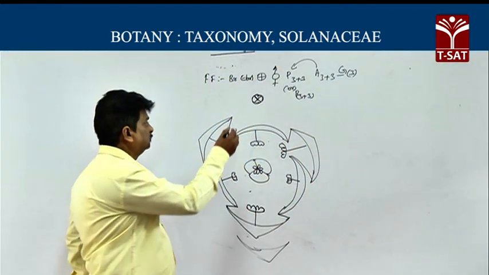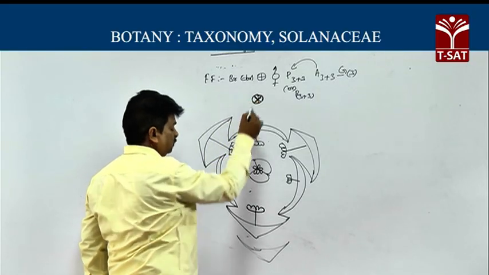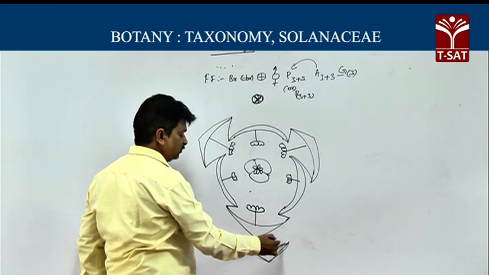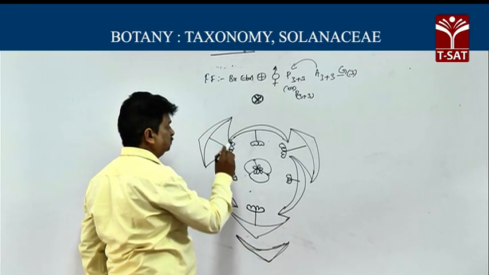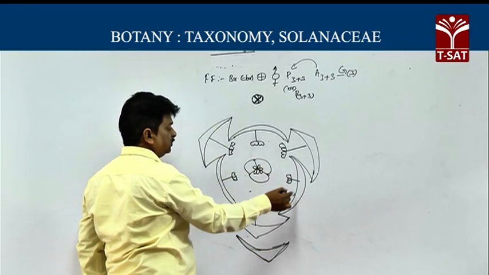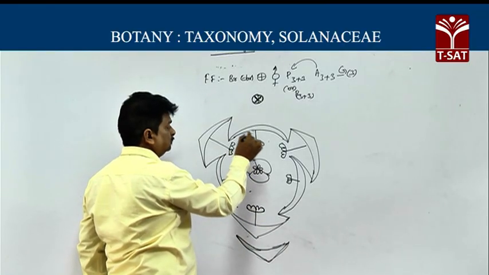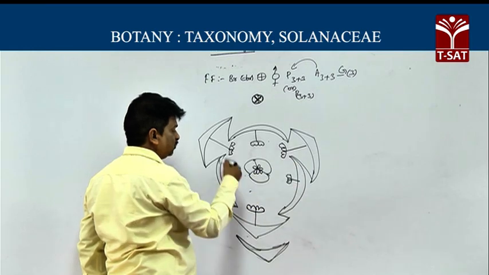Then description. This is mother axis, posterior side. It is bract. So bract side is called anterior. Liliaceae members, 6 tepals. They are arranged in 2 rows. Generally fused, onion.